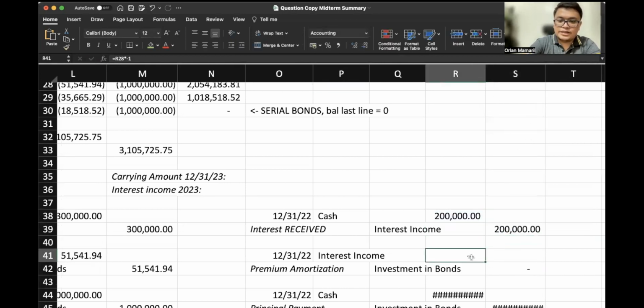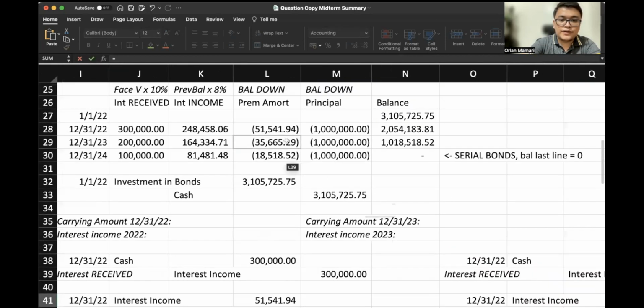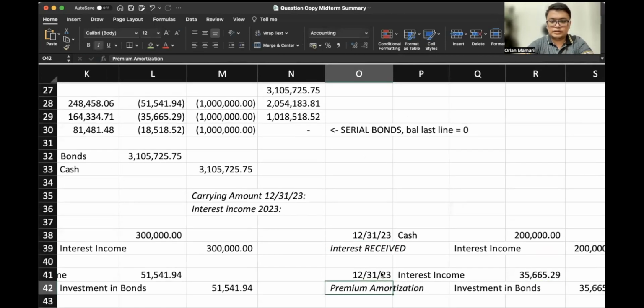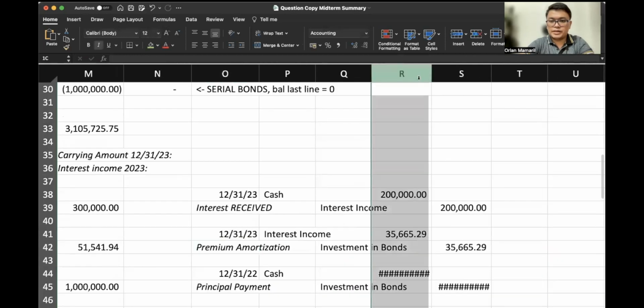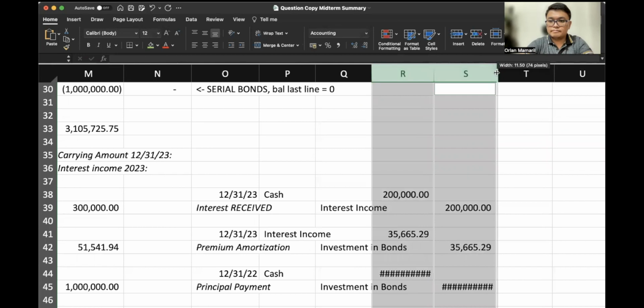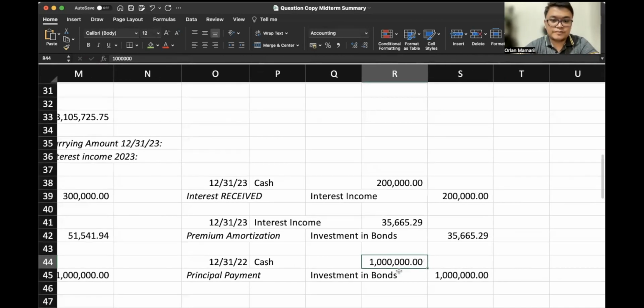Alrighty. And then the amortization on 2023 is 35. Just change the date. And the principal payment, another 1 million and 1 million, right?